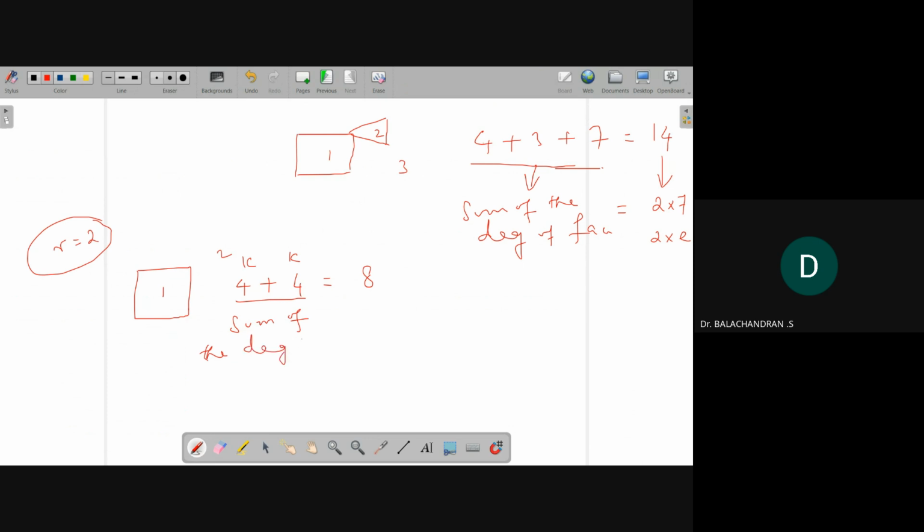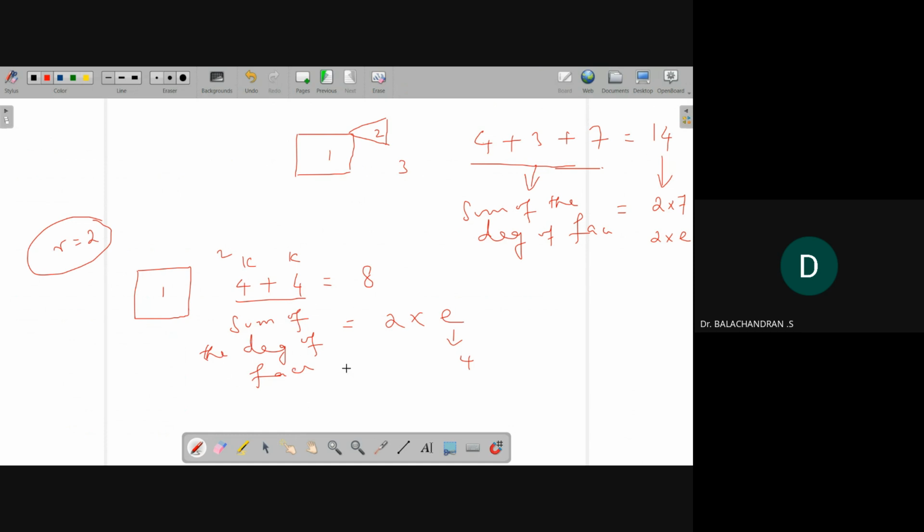The sum of the degrees of the faces, equal to 8, is nothing but 2 times the number of edges in the graph. 2 times E. E is what? 4.